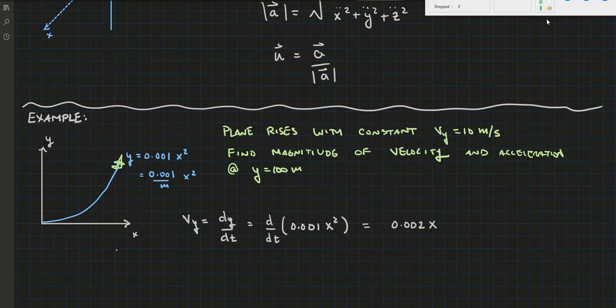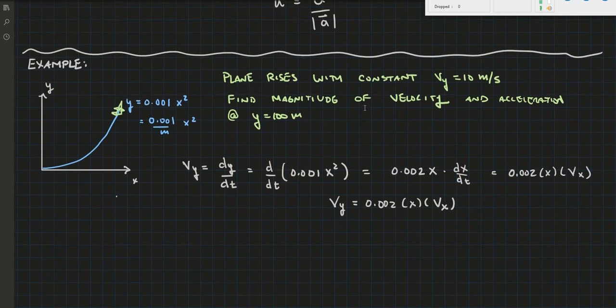But then we have to do the chain rule times the derivative of the inside, which is the x, so times dx/dt. So the derivative of the outside times the derivative of the inside. And this is the same thing as saying 0.002 times x times the velocity in the x direction.